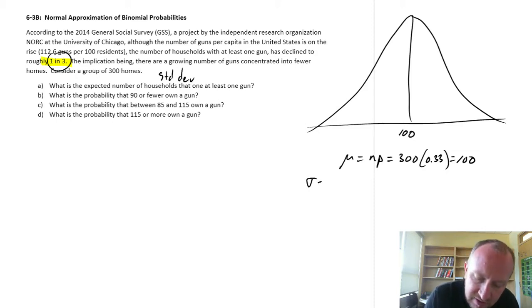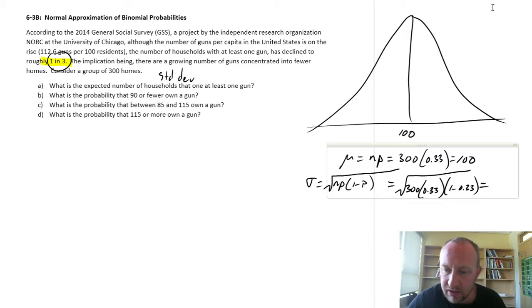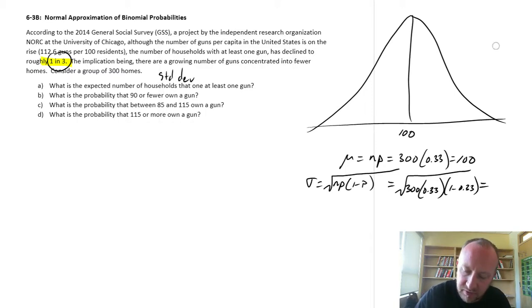Our standard deviation is the square root of np times 1 minus p. So that's 300 times 0.33 times 0.67, and the square root of that is about 8.14.